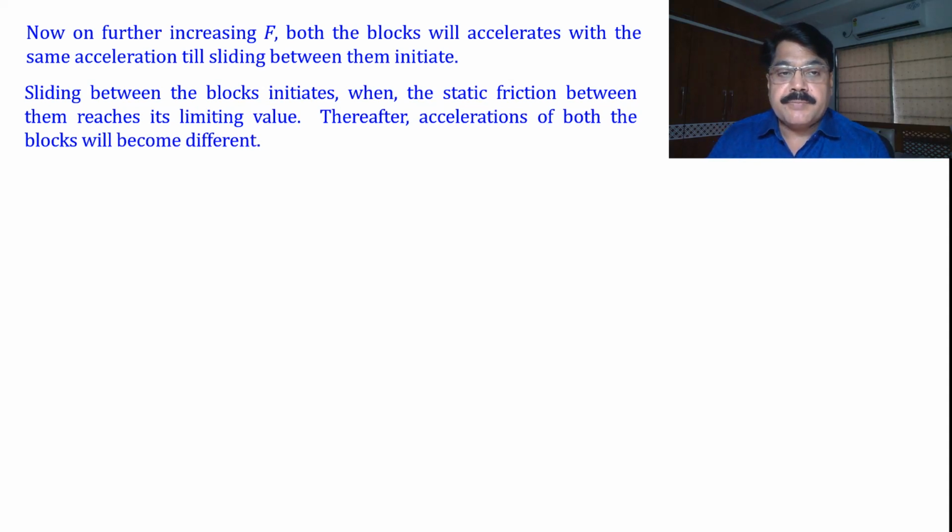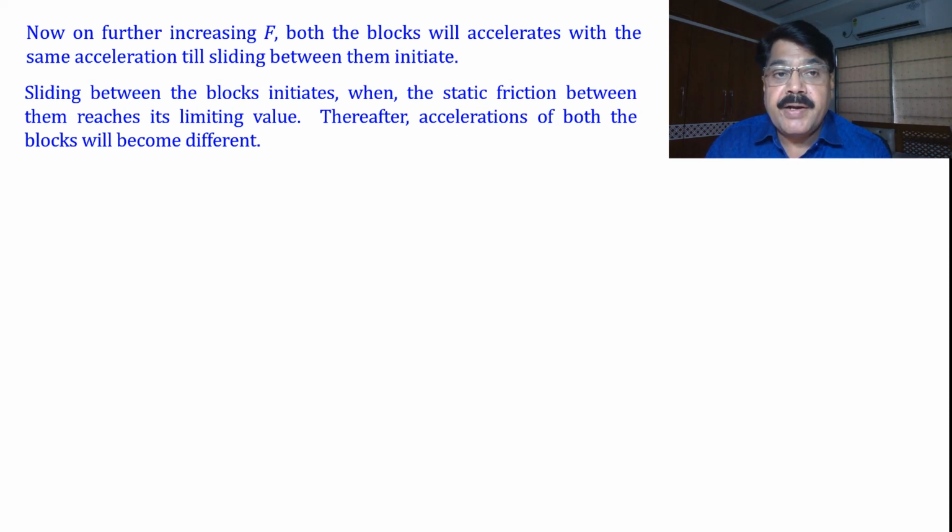So that is the logical, qualitative solution of what will happen. Now I am summarizing it. When the force increases from 0, there is no sliding and all the blocks remain in equilibrium, and all the frictions grow equally. The limiting friction is lower at the floor, so it will reach its value first. So at the floor sliding will initiate first, and that value we have seen is 45 Newton.